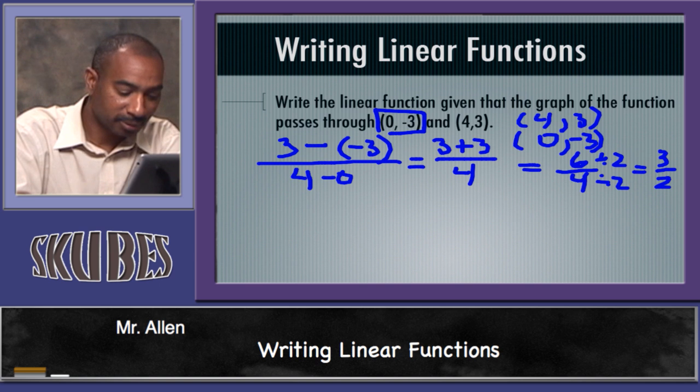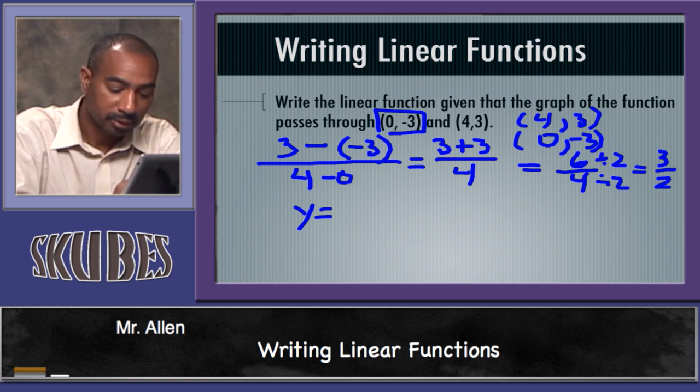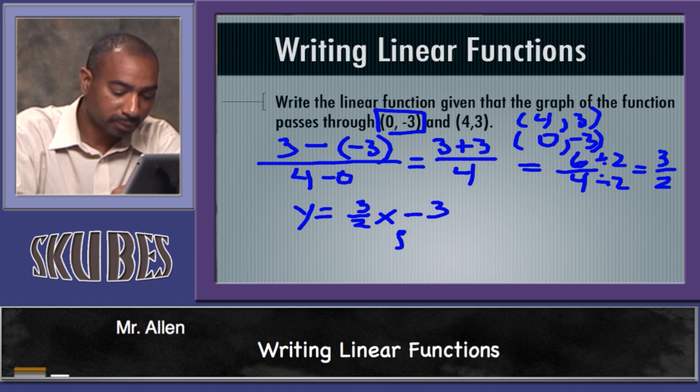So I can just simply say, it tells me my y-intercept is negative 3. So I can say y equals 3 halves x minus 3. In function form, I'm going to say f of x equals 3/2 x minus 3.